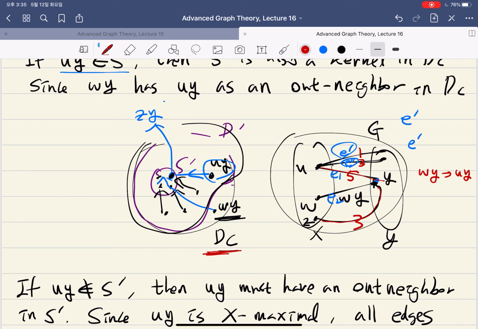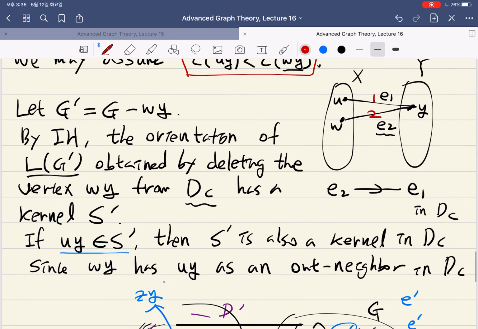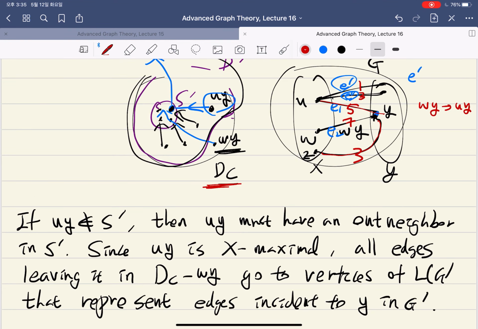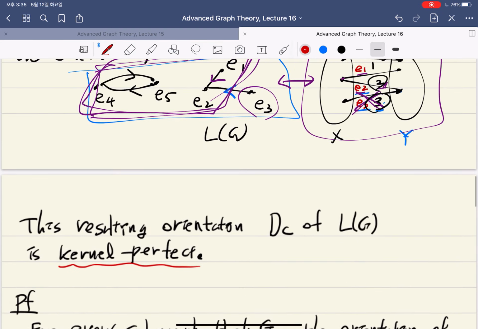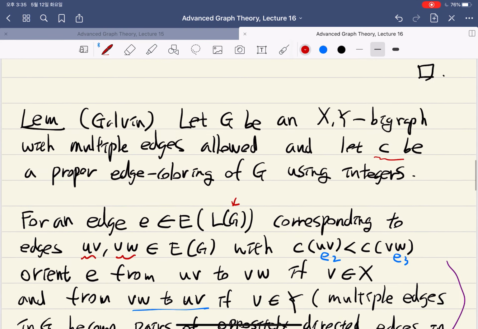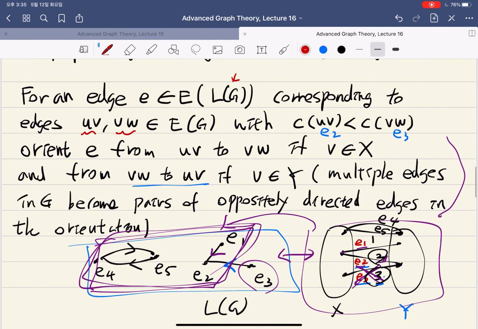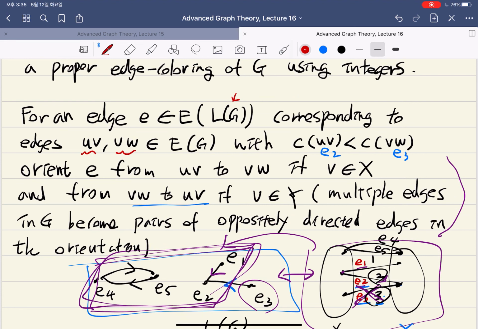We know that this wy has a bigger value than uy, and then this gy is an out neighbor of uy. But how we define this DC is that if they share the vertex in y, we orient from bigger value to smaller value.